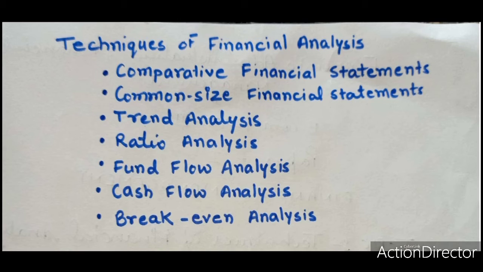Now, the third technique of financial analysis is trend analysis. The comparative financial statements are used to study changes which have occurred in each item of the balance sheet and profit and loss account within a period of 2 years but do not indicate the trend of progress during past several years.